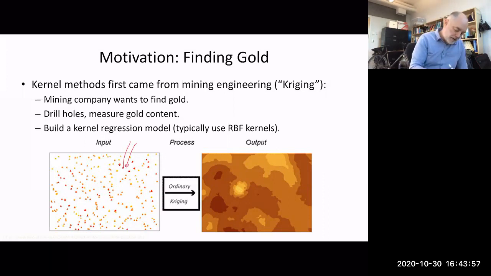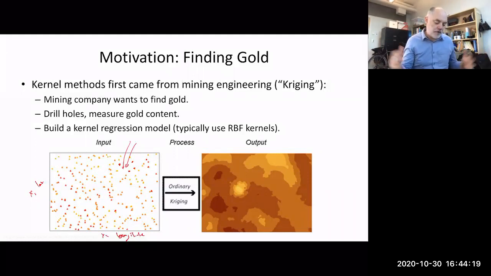So the point is we have X1 is latitude, and X2 is longitude, or something like that, and Y is the concentration of gold in that particular location, and your test inputs are all locations where you haven't measured.